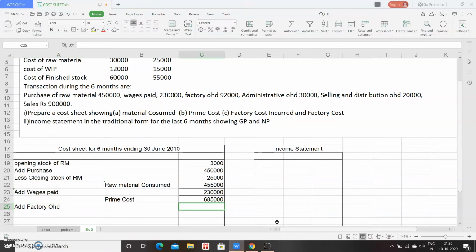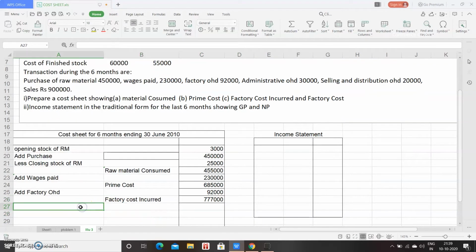So 6,85,000 plus 92,000 will be 7,77,000. This is your factory cost incurred. We can also call it gross factory cost.